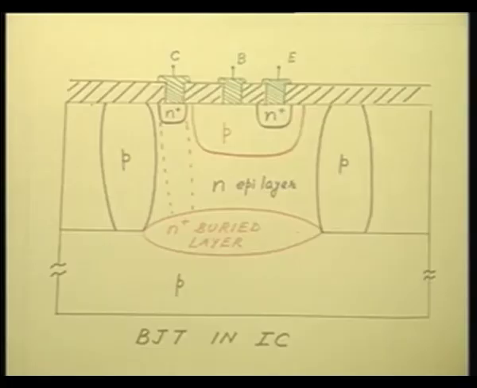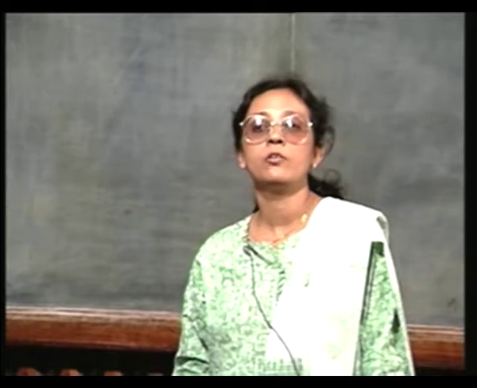So, I cannot afford to waste 20 micron here just so that my parasitic transistor will not disrupt the circuit performance. So, this is one major drawback of the junction isolation technology, namely the large area requirement. This is so far as area is concerned.